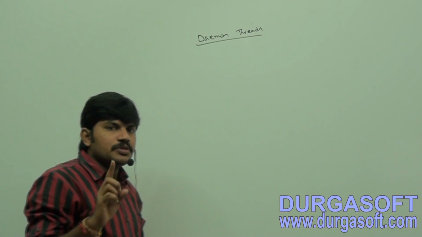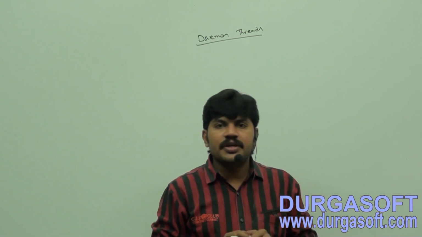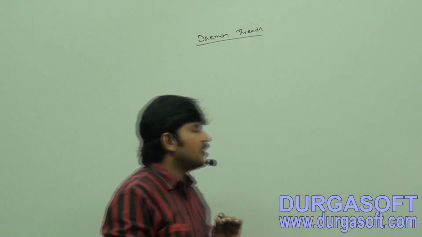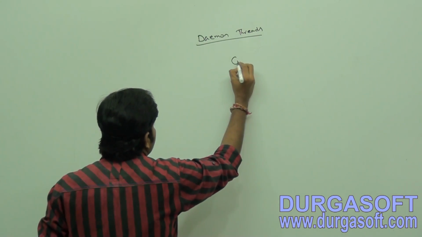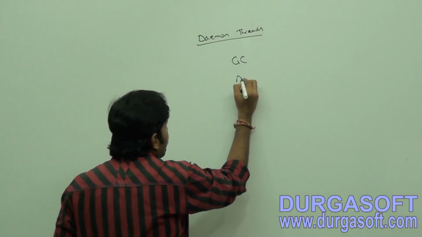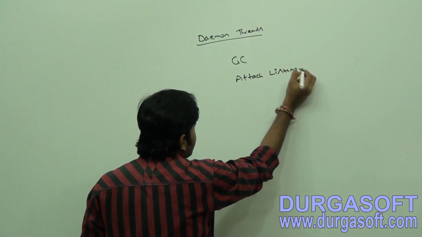The thread which is executing in the background is called a Daemon thread. The best example is the garbage collector. Next, attach listener is an example.